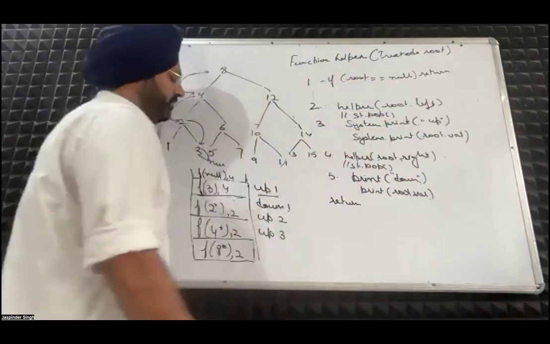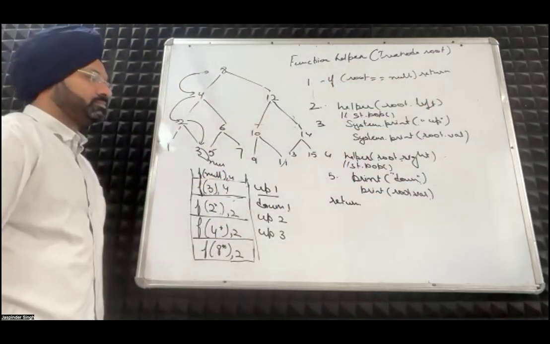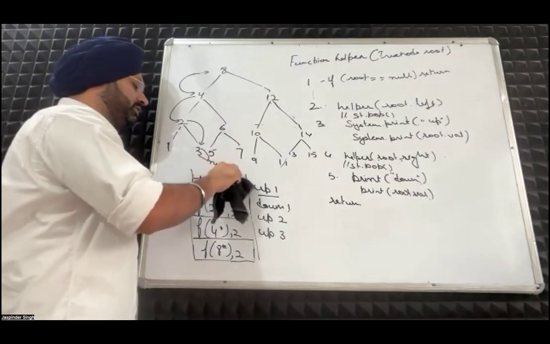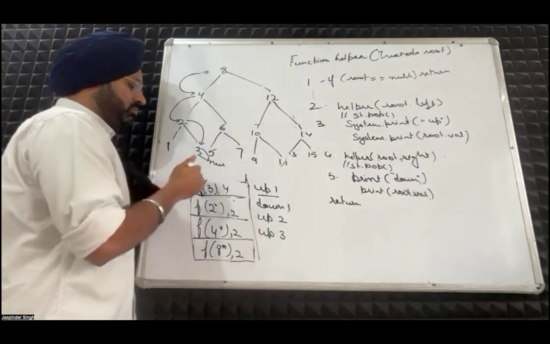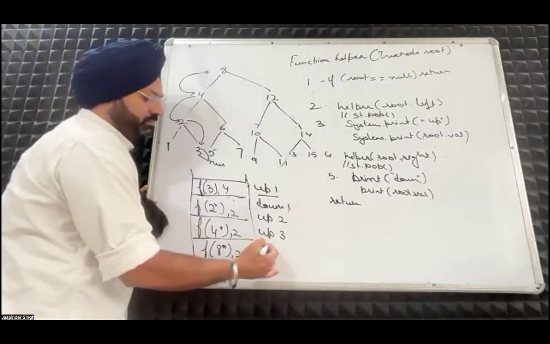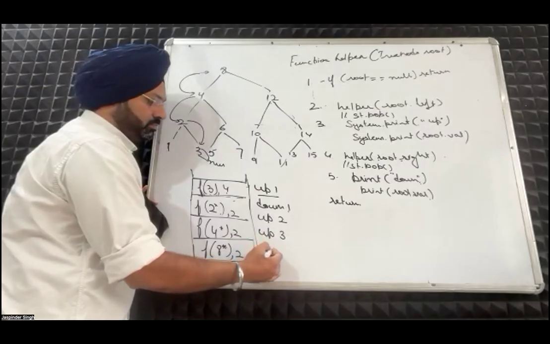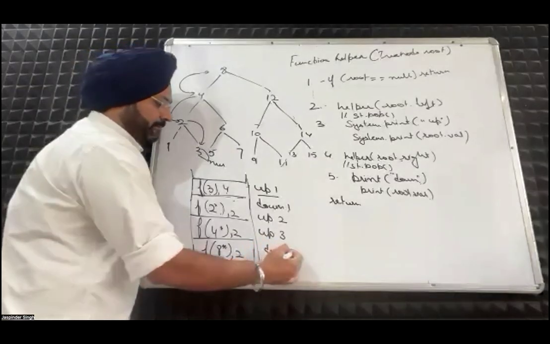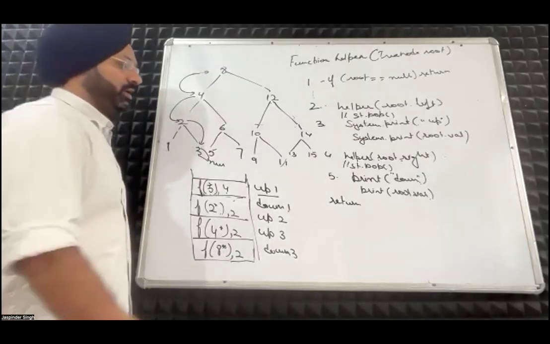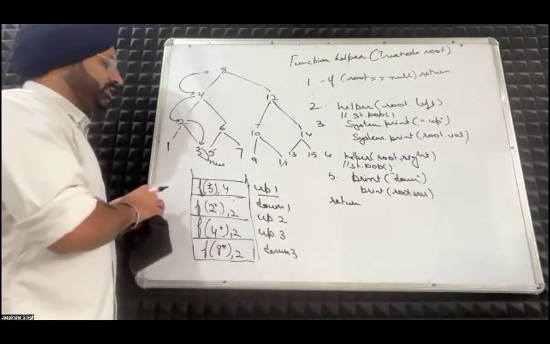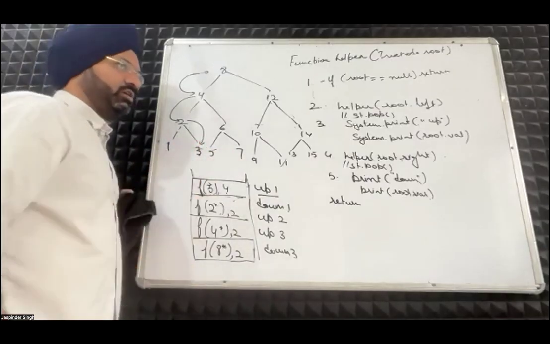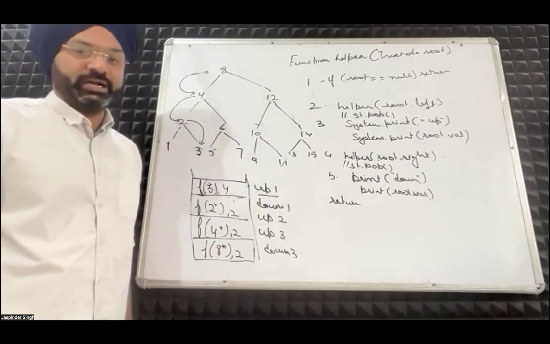Return happens to the same place from where it was called, line number 4. Stack.pop happens. This is out. What will be printed now? Down 3. Why? Because this is the root now. Return happens now. That is, in English, left recursive call of 3 is done, right recursive call of 3 is done, function call of 3 is done.